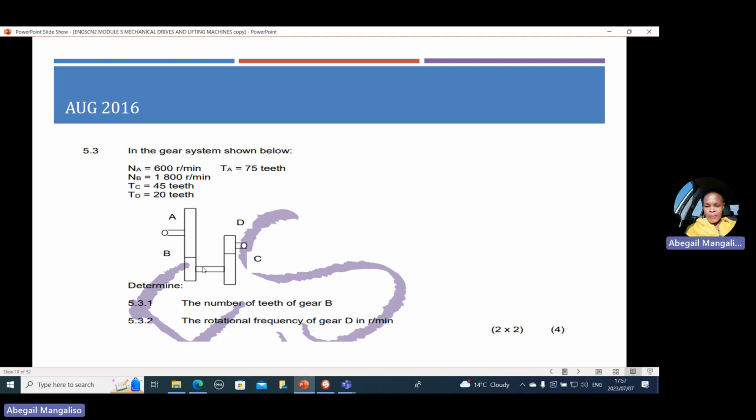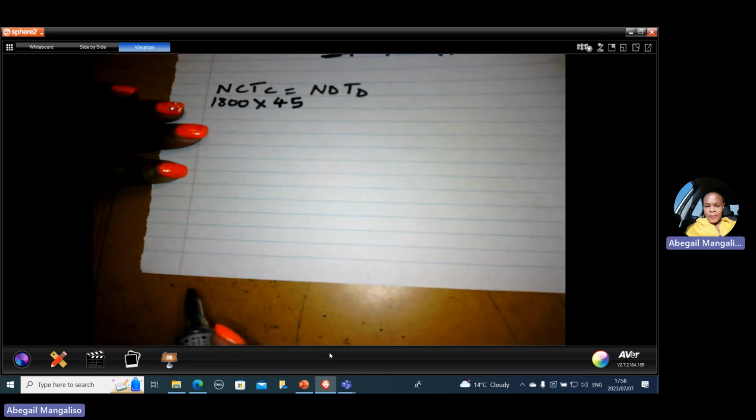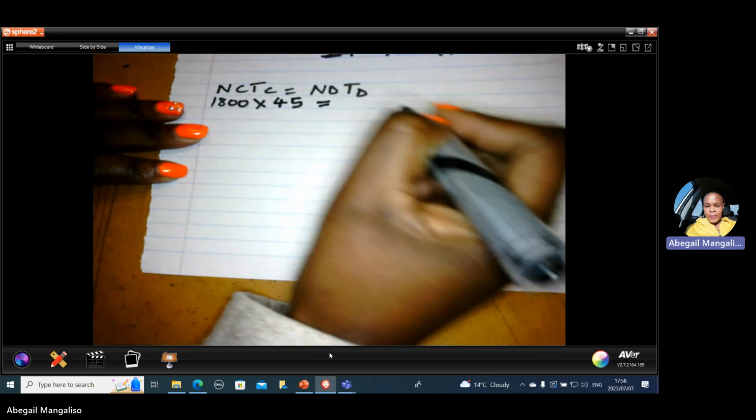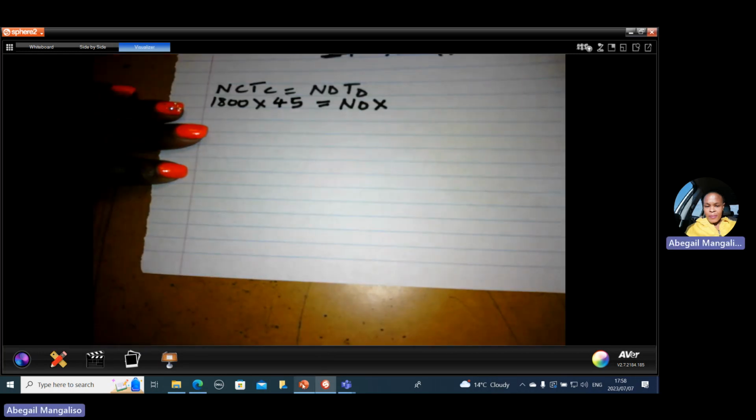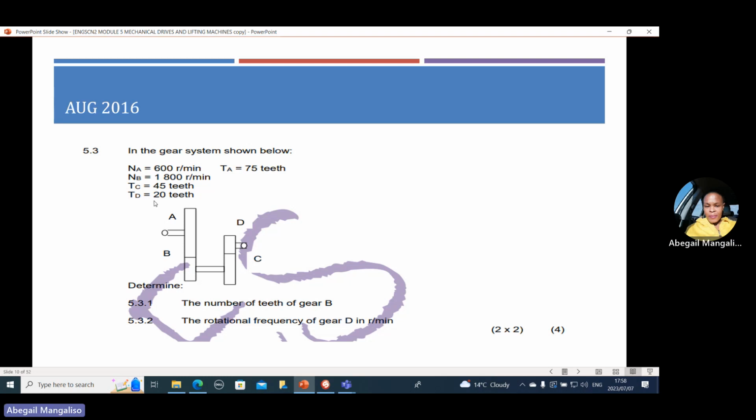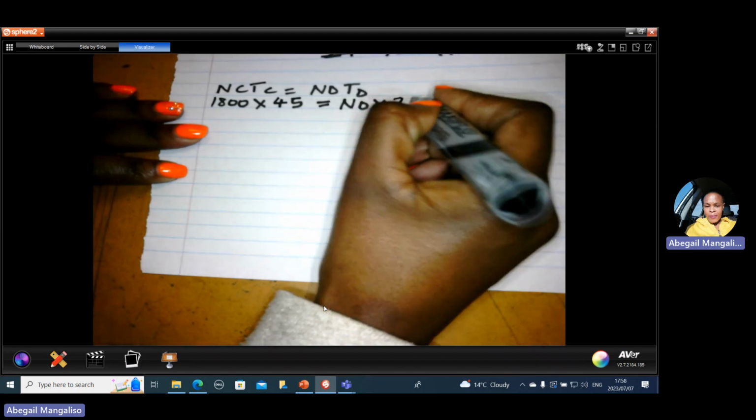Since B and C rotate on the same shaft, NC will also be 1,800, and TC is given as 45. So the substitution: 1,800 multiplied by 45 equal to ND, the unknown, multiplied by TD, which is 20.